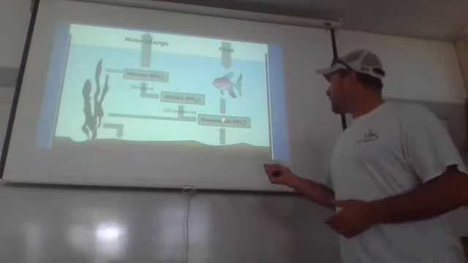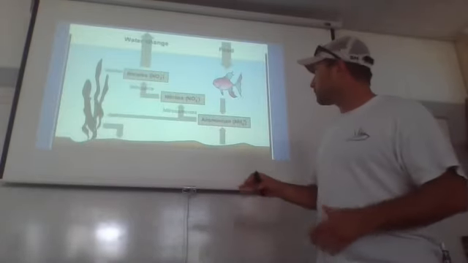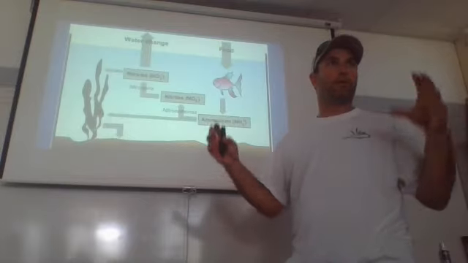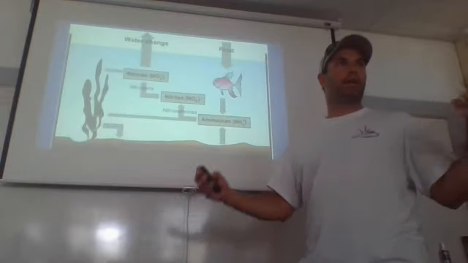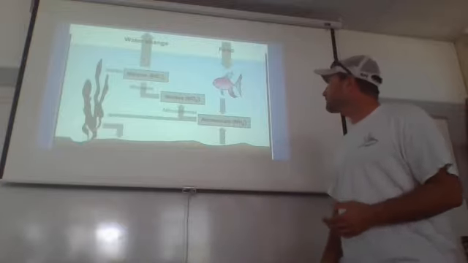So ammonia and ammonium, right, we'll talk about those two different forms of ammonia, is the most basic first byproduct of eating from a fish.